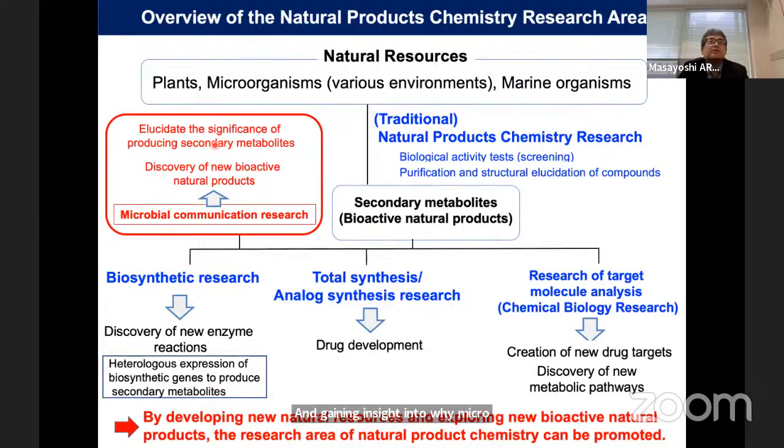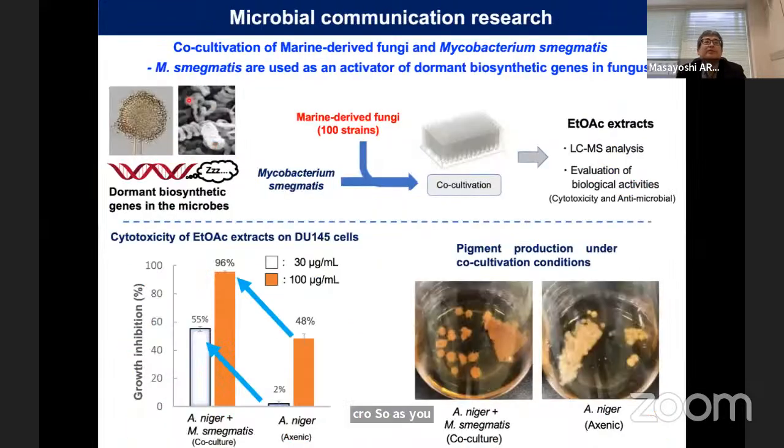As you know, microorganisms have many dormant biosynthetic gene clusters that remain inactive under typical culture conditions. It is expected that activation of these dormant gene clusters could lead to the discovery of novel secondary metabolites.